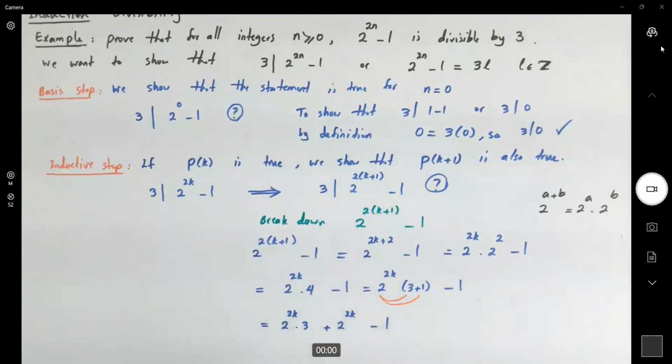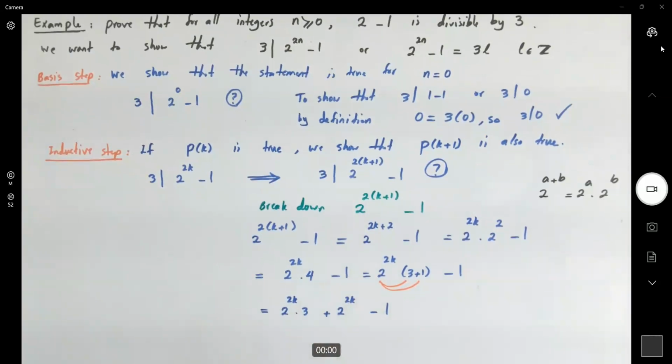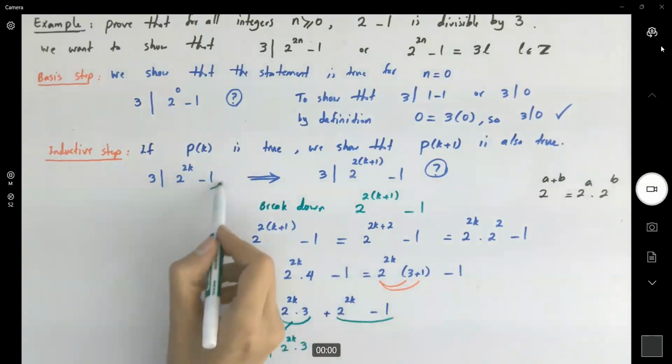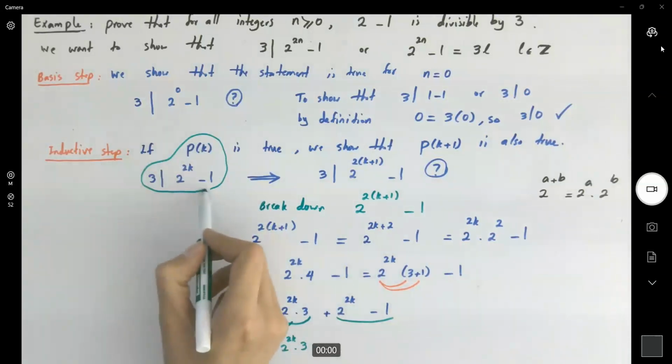The very first thing that I see here is that this very first term has 3 next to it. So 3 divides 2 to power 2k times 3. This is obvious. It already has the factor in its form. Now take a look at 2 to 2k minus 1. I already know from P of k this is true.